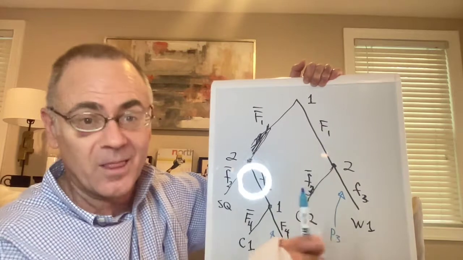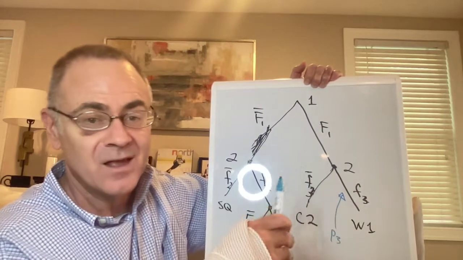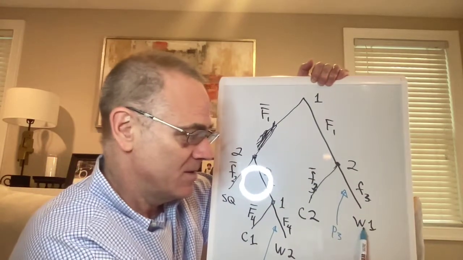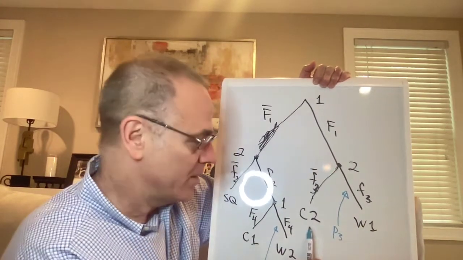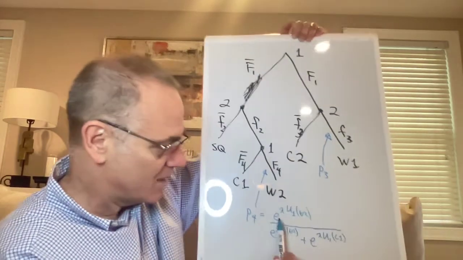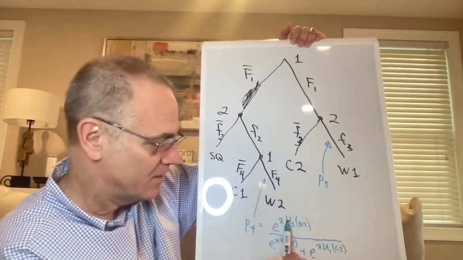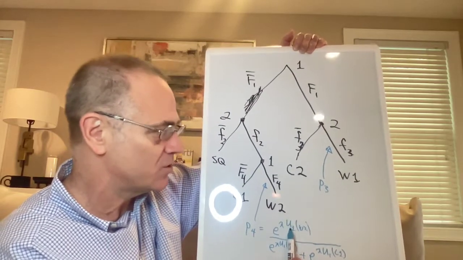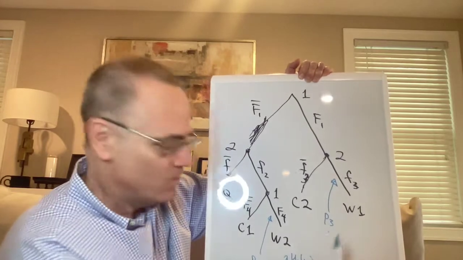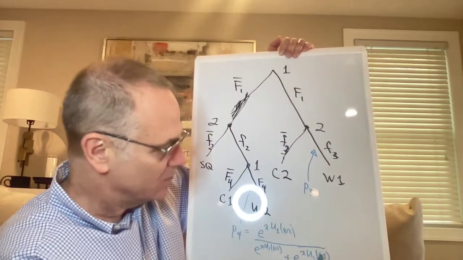So it's all 2's decision. So we're going to look at 2's scene utility for W1, compare it to 2's scene utility for C2, and we're just going to have a term something like this, where instead of U sub 1, we're going to have U sub 2. Instead of W2, we're going to have W1. And before we had C1, we're going to have C2. Okay, so that's where we're going. Let me just write that out.